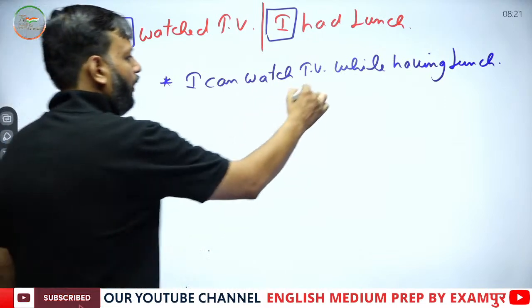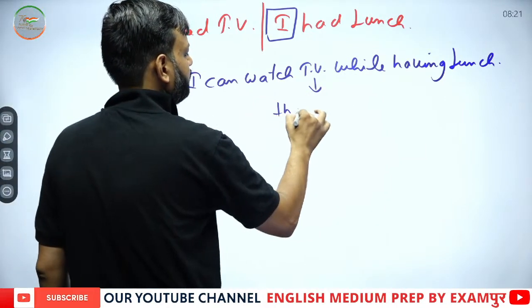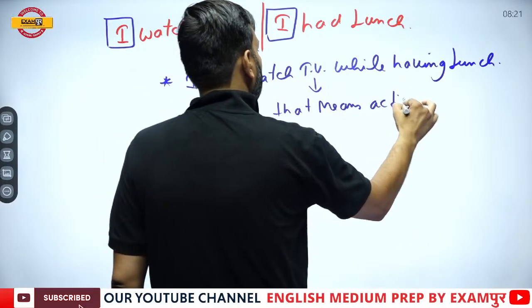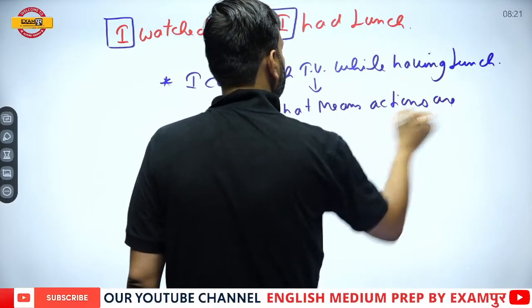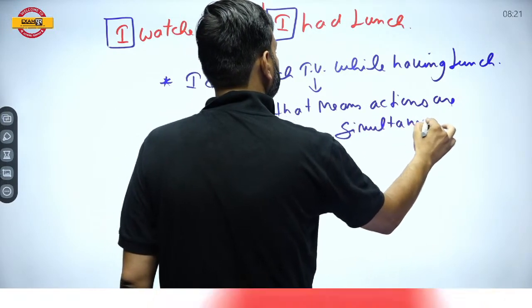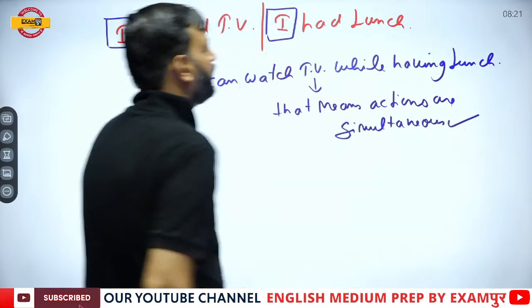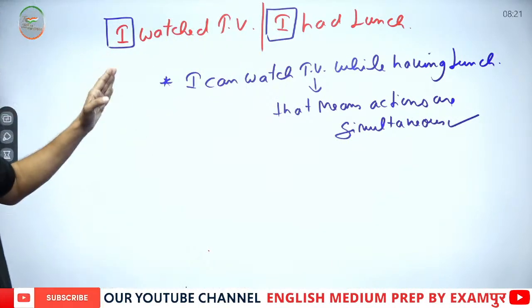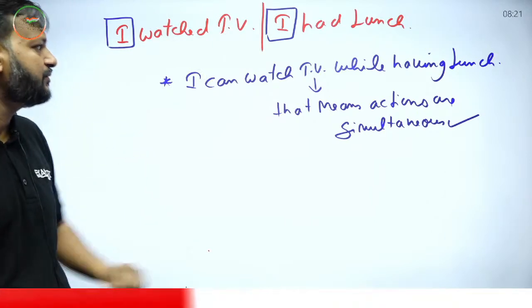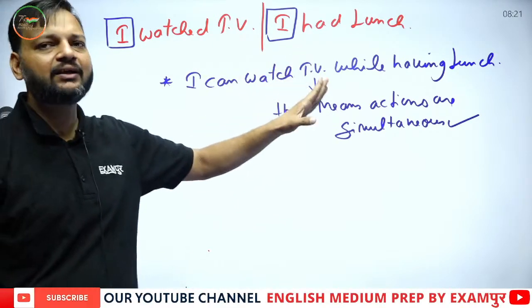That means actions are simultaneous. So we have two sentences, I watched television, and the second sentence is I had lunch. That means I can watch television while having lunch.